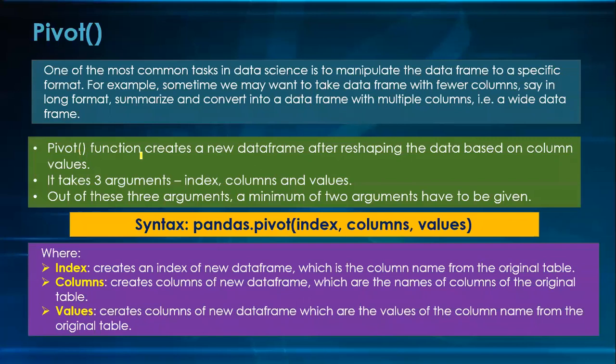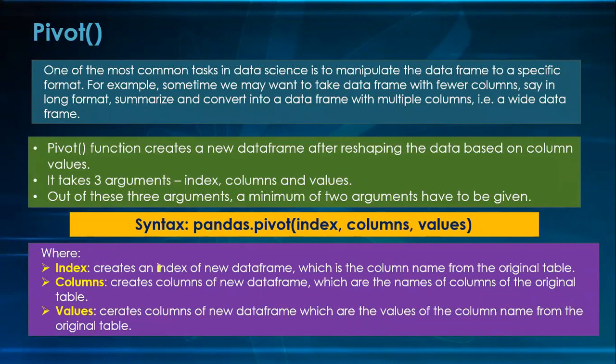The pivot function creates a new data frame after reshaping the data based on column values. It normally takes three arguments: index, columns, and values. Out of these three arguments, a minimum of two arguments have to be given. One is optional, any one. Now, this is your syntax: pandas.pivot, index, columns, and values.